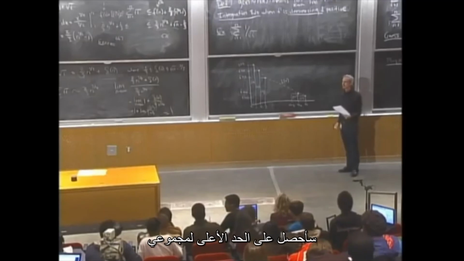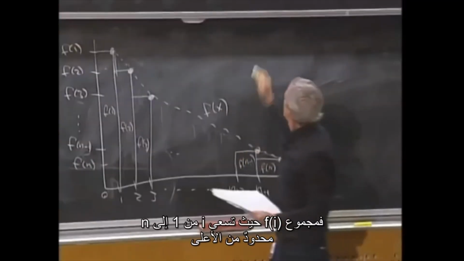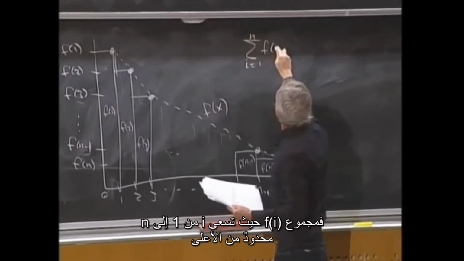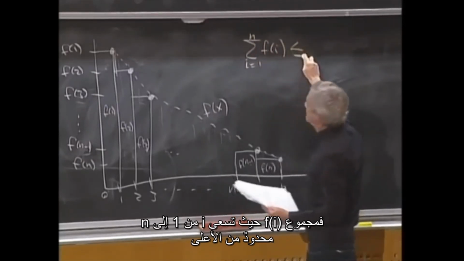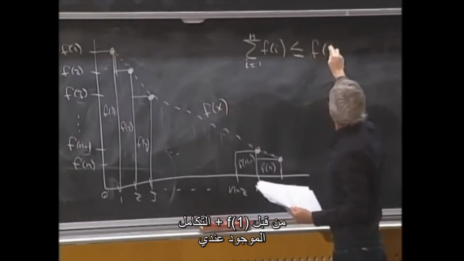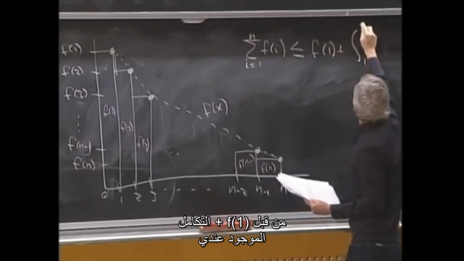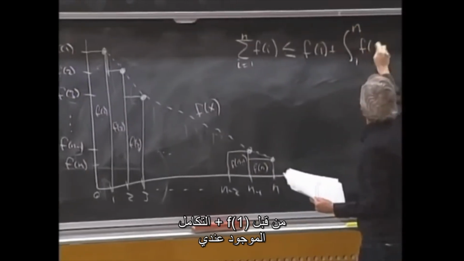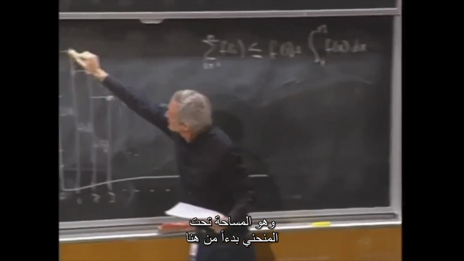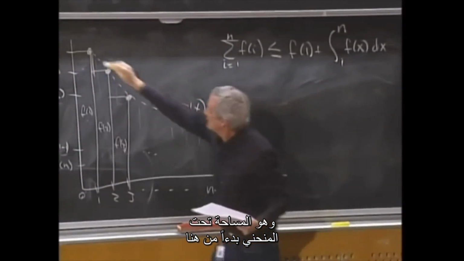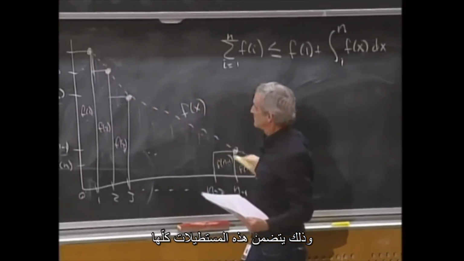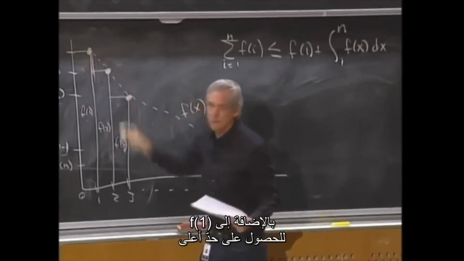An upper bound on my sum. Okay, so the sum i equals 1 to n, f of i, is upper bounded by that guy, which is f of 1, plus my integral, which is the area under the curve. The integral is the area under that curve, starting here, and that contains all these rectangles. And then I just add in f of 1 to get an upper bound.